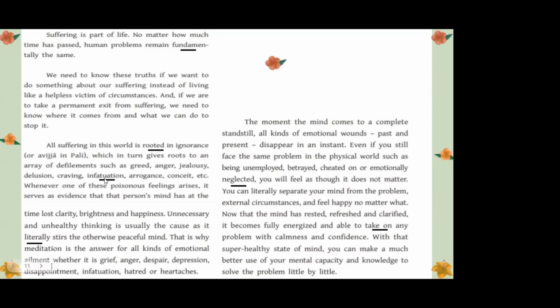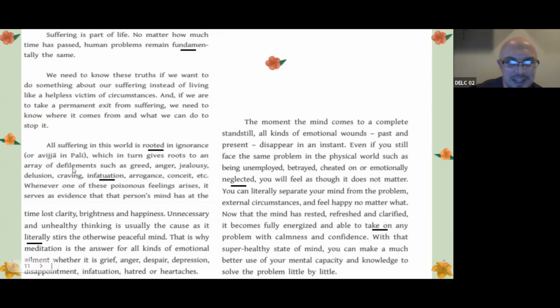We'll talk about defilements. Defilements can be like these words. These are very, very not good things like greed, anger, jealousy. These are something that is called defilements. They are bad things. So if we have defilements, it just means something bad.